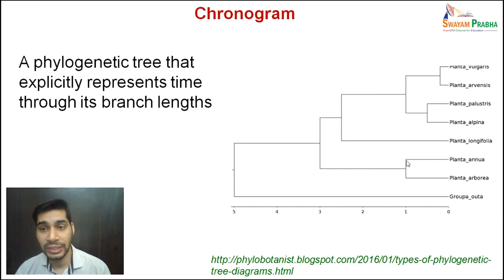So here this location is at 1, this is 2, 3. Based on that, you can predict the time, relative time particularly, when this divergence took place. So here you can get an idea about the amount of time that it has changed, and this is called a chronogram.